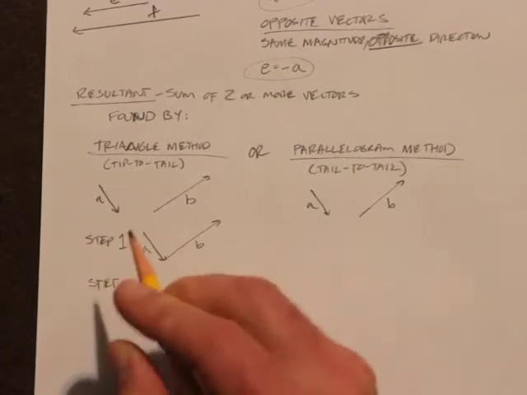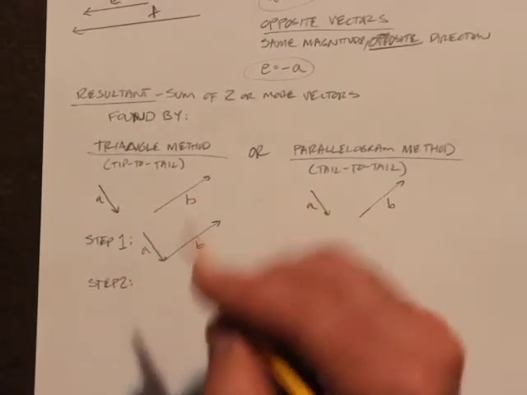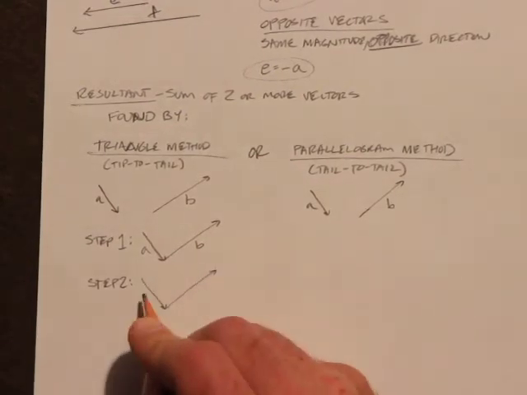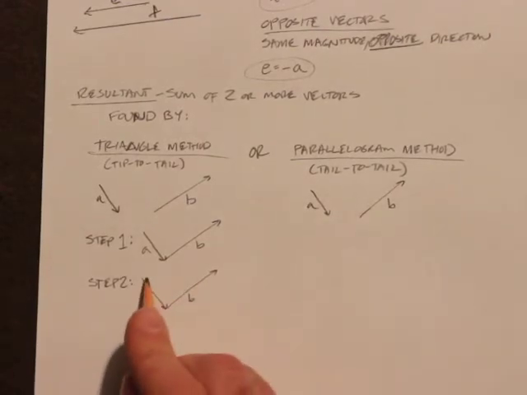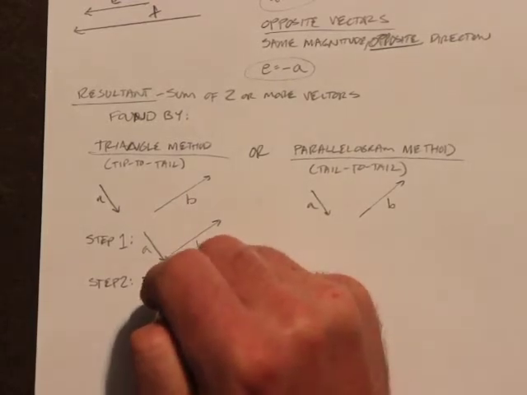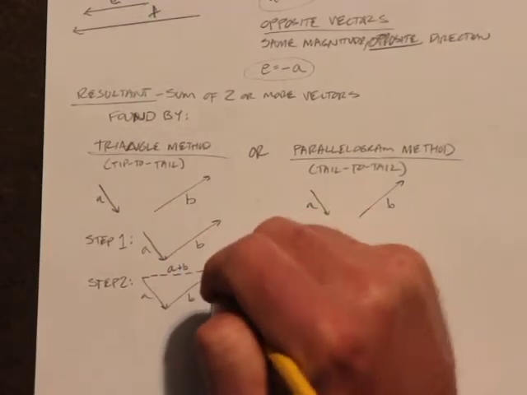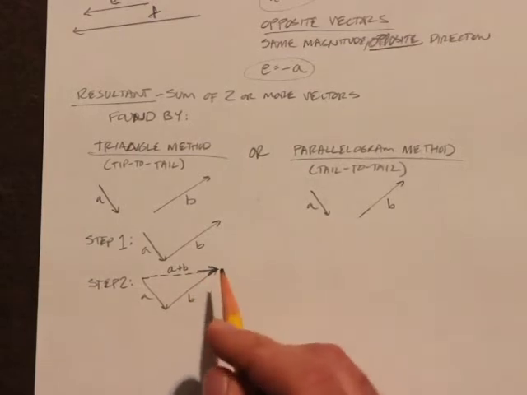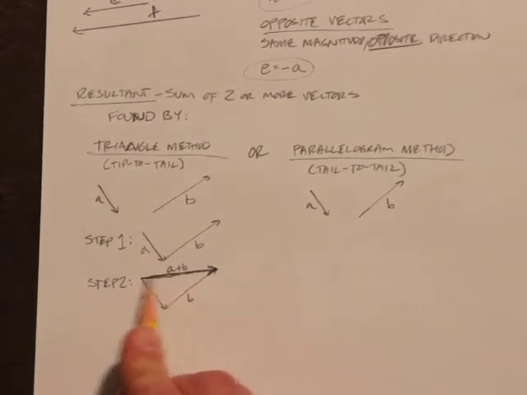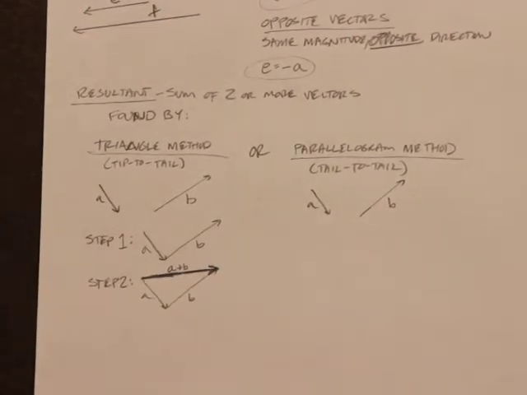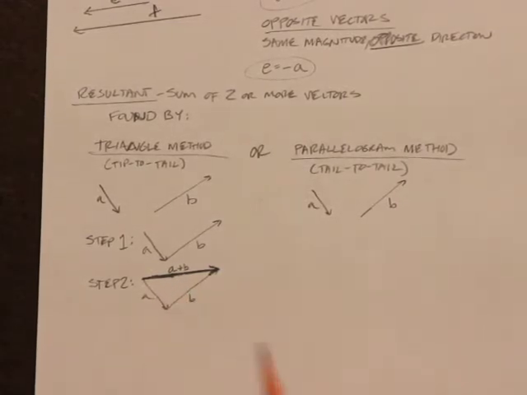Step 2 is I just take this part of a triangle, A and B, and then I draw this across, and so this becomes A plus B. So I need an arrow at the end of it. Maybe we should just darken that in there. I like that better. So A plus B is the resultant vector when I add A plus B. So that's the triangle method.